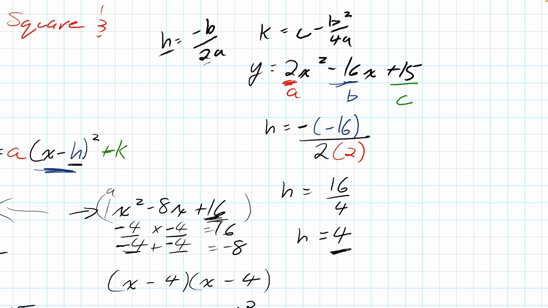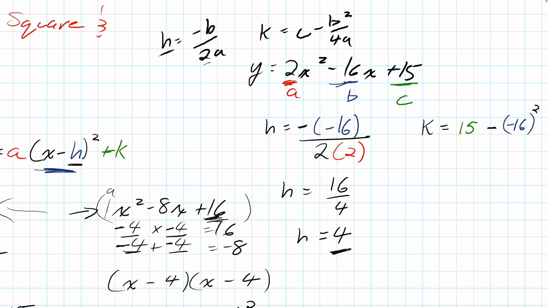We'll have to go back into our general equation and see how it fits in. And the other thing we could do was the k value. k is equal to whatever the c value is, which in this case was 15, subtract a fraction. So we have to do a little bit of our fraction rules here. b was negative 16, and it is actually squared in this case.